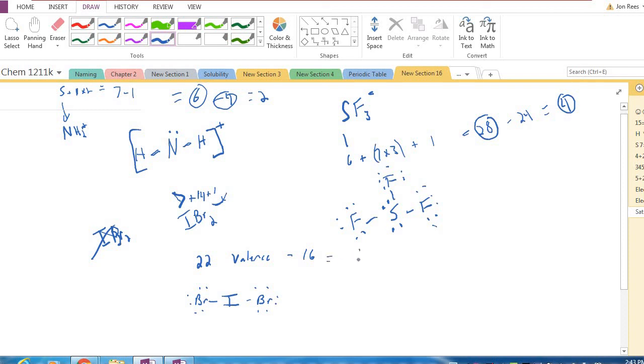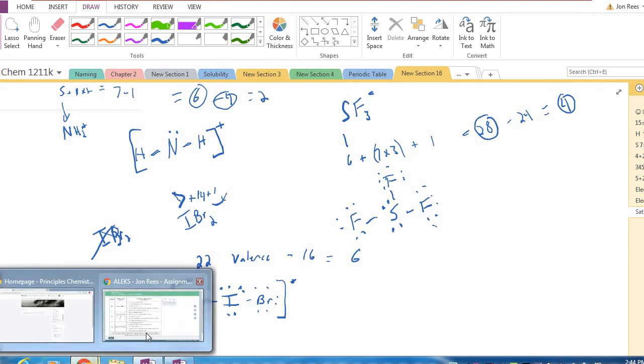I need 6 more. All I can do is put those on the central atom, so I place 2, 4, 6 around it. Then I put it in a bracket with that minus charge. This would be a valid and correct Lewis dot structure.